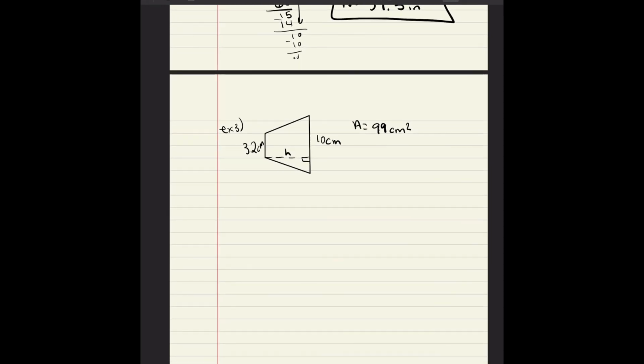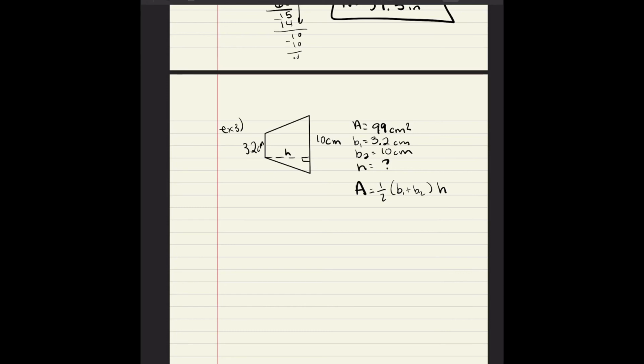All right, let's try our last example. So we need to find the height here. So our formula is area equals 1/2 times (base 1 plus base 2) times height. So I have my area, 99, base 1 equals 3.2 centimeters, base 2 equals 10 centimeters, and the height equals question mark.